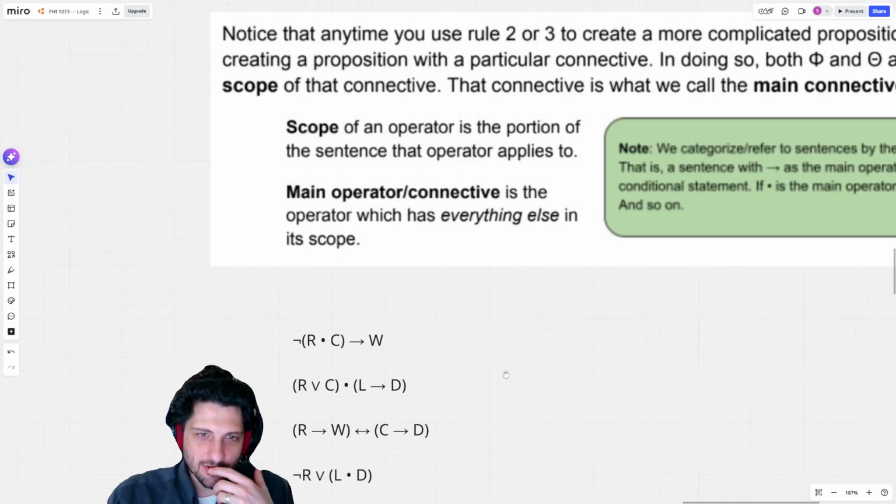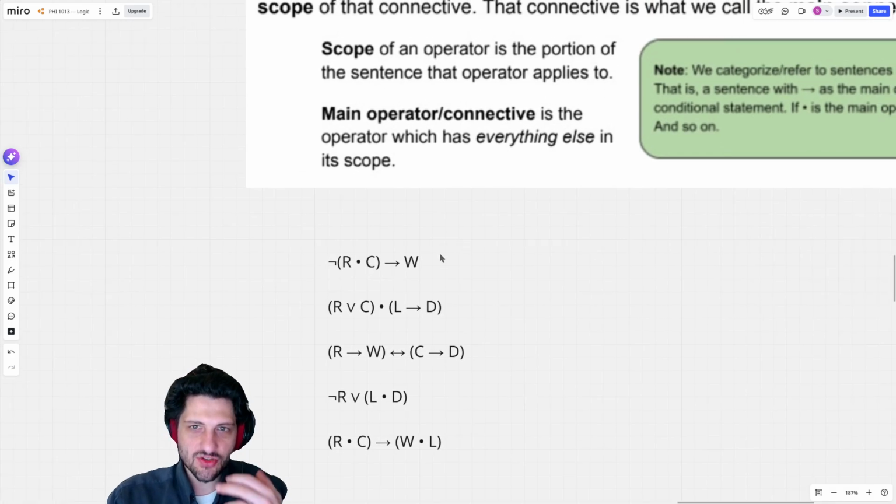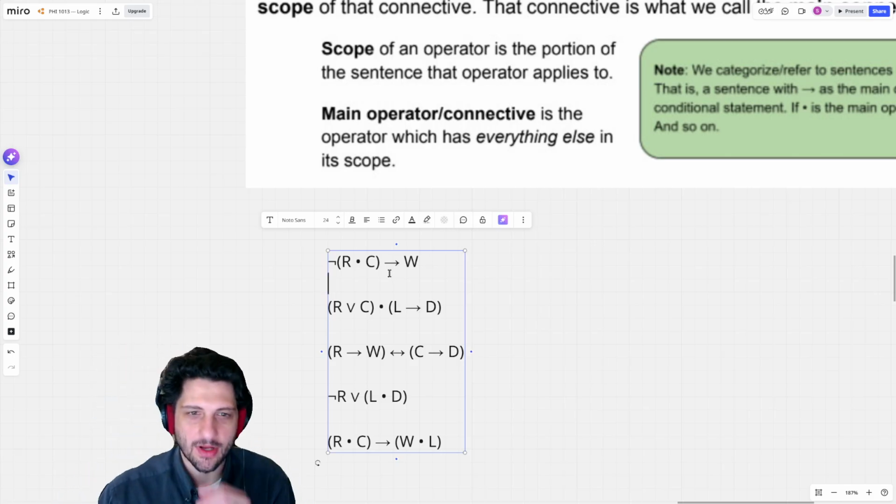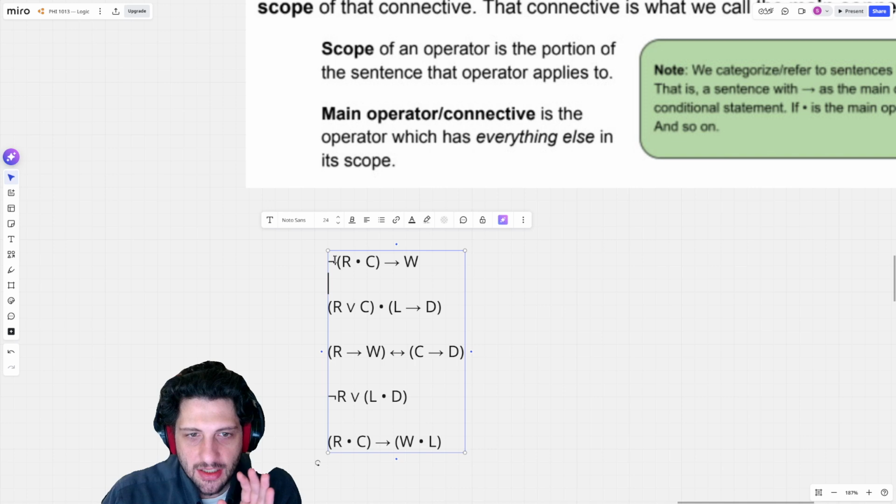So let's look here. What we mean by scope is the portion of the sentence that an operator is applying to, or concerned with, if you will. Notice here, this and. Let's think, what is it that this and is really combining?